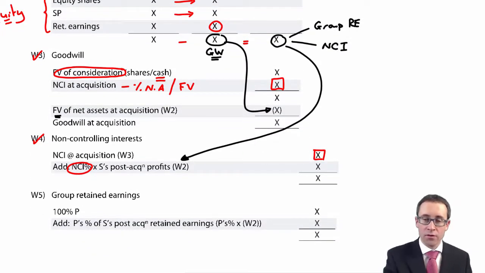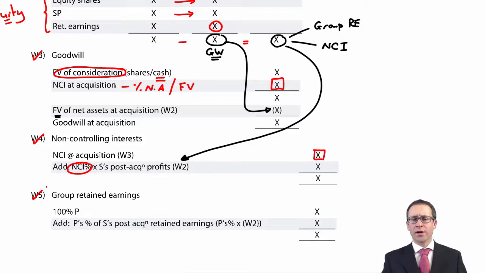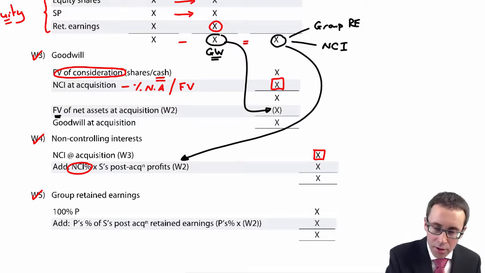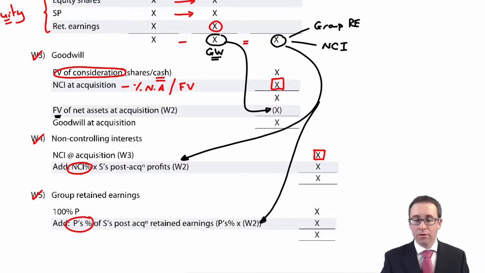The last working that you've got is there as working number 5, your group retained earnings. So again, remember, non-controlling interest is showing ownership, and so is group retained earnings. When we're looking at group retained earnings, it's 100% of the parent's retained earnings. And here what you then do is you add on P's share of S's post-acquisition profits.